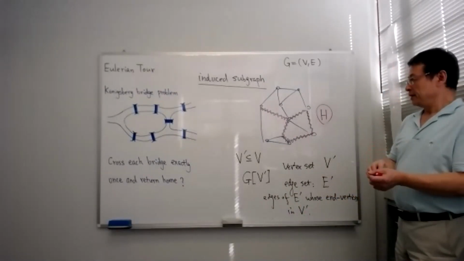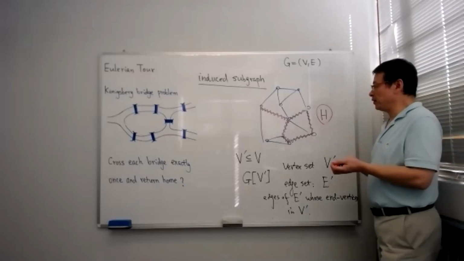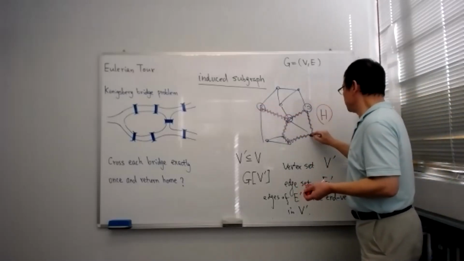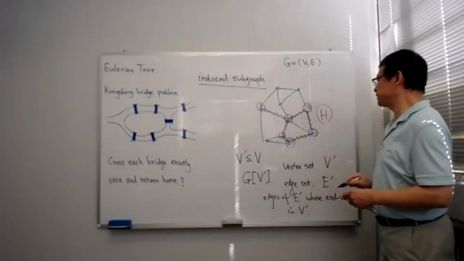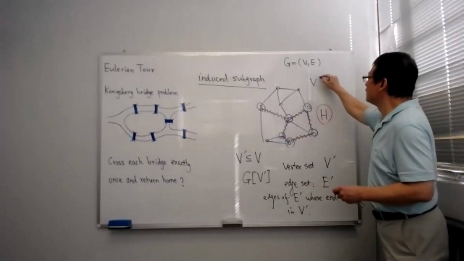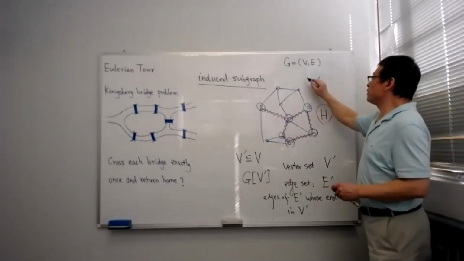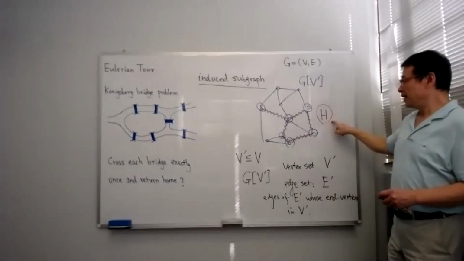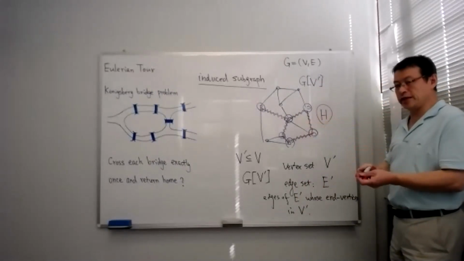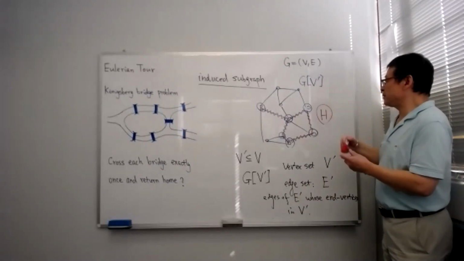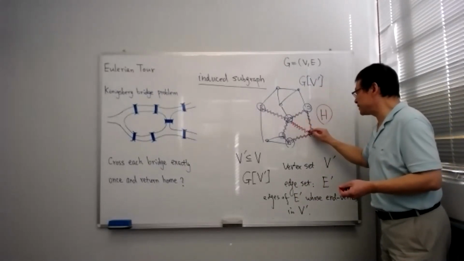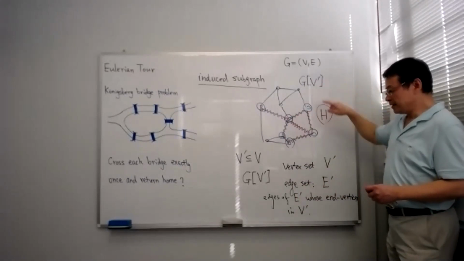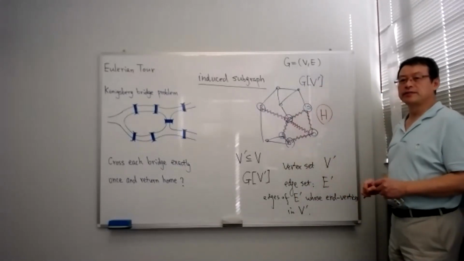Now, if we look at this example, and I use these six vertices as V prime, the induced graph on these six vertices is not graph H. It also needs to contain this edge. The only difference is that for the induced graph, I need to include this edge as well, because for this edge, both ends are also in V prime. So that's called the induced subgraph.